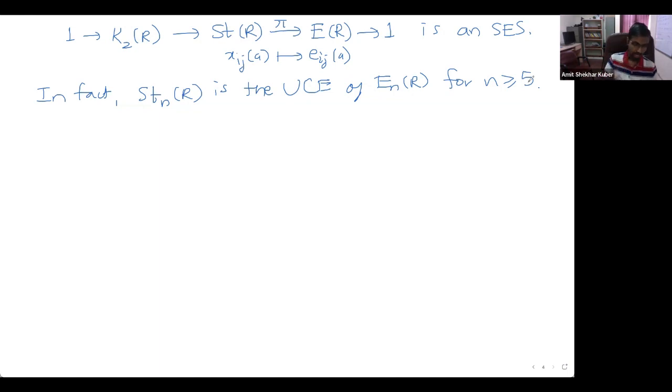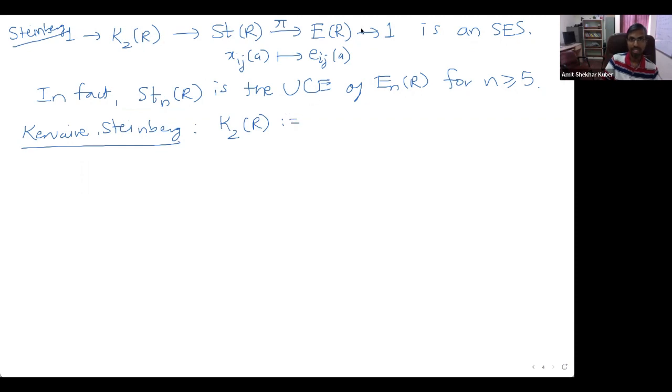This particular short exact sequence is due to Steinberg. Furthermore, Kervaire and Steinberg proved this other result, which I already kind of stated: K2(R) is isomorphic to the second homology group of E(R).